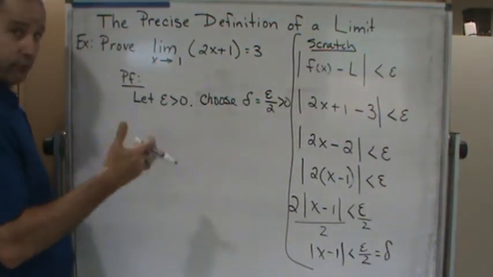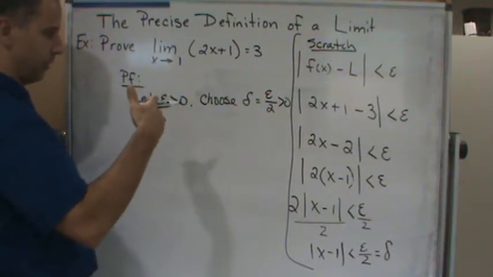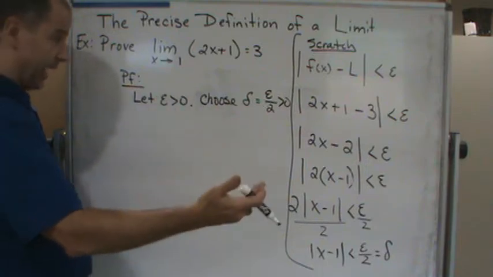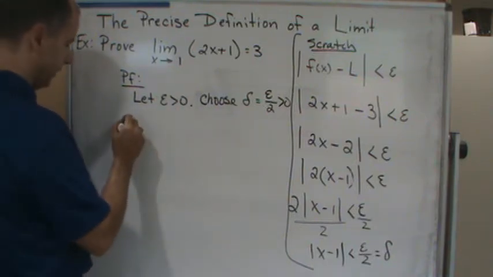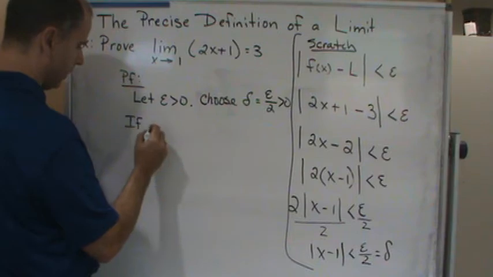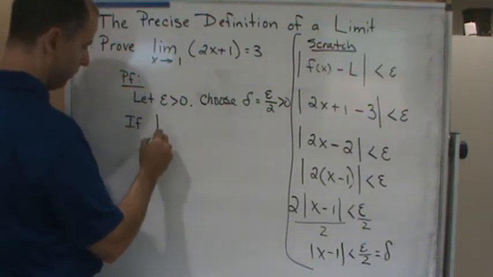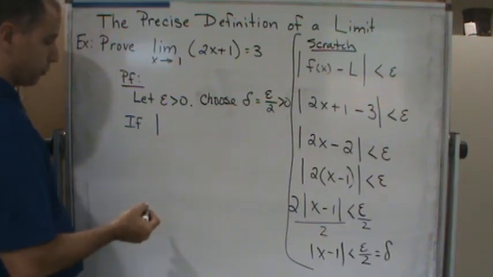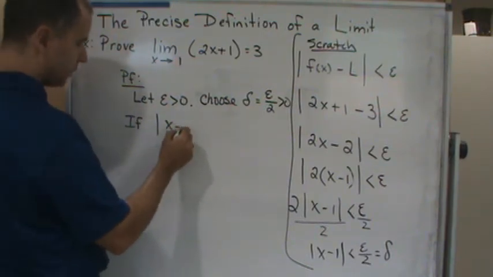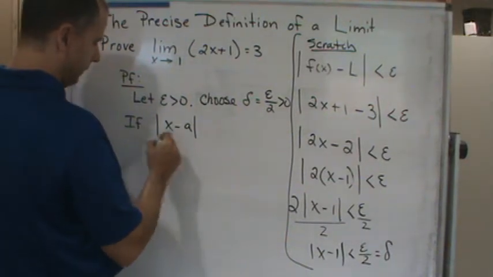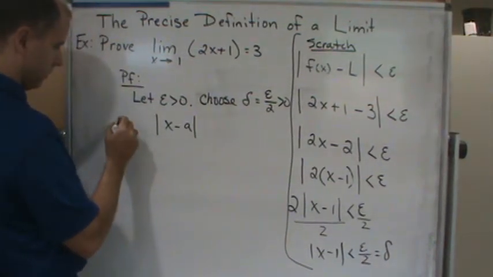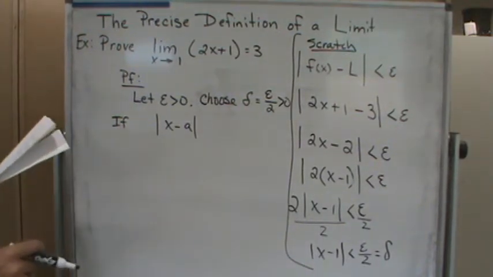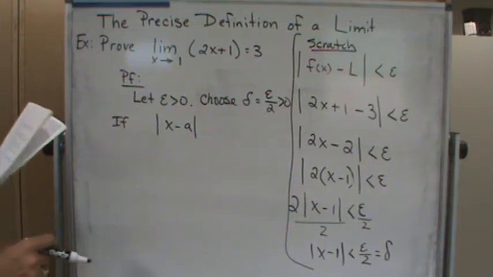So again, remember, for every epsilon greater than 0, there exists a delta greater than 0, such that if, what? If the absolute value of x minus a, right, is less than delta, right?